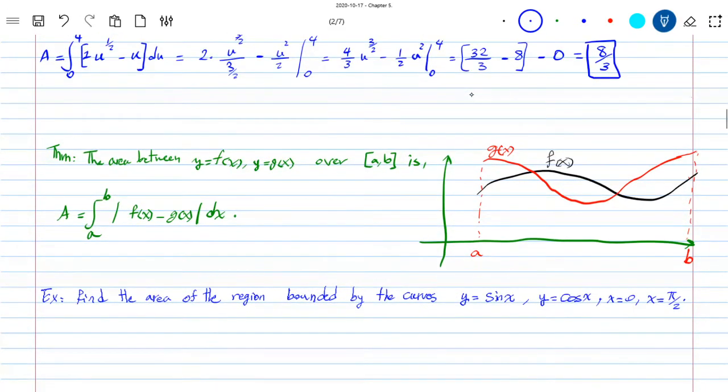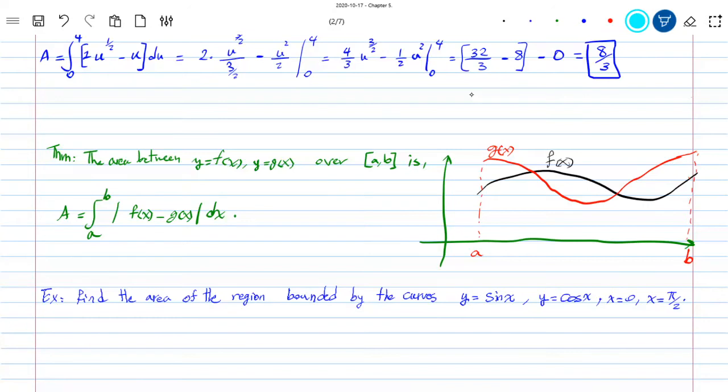In the examples that we did, there was always one function above the other function. There was never crossing over. What if the function doesn't always stay on top and the other function goes over? So here, what if we deal with that case?